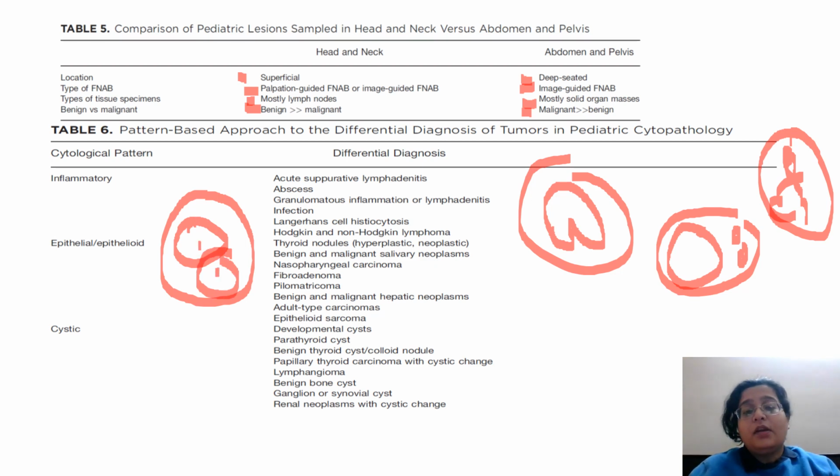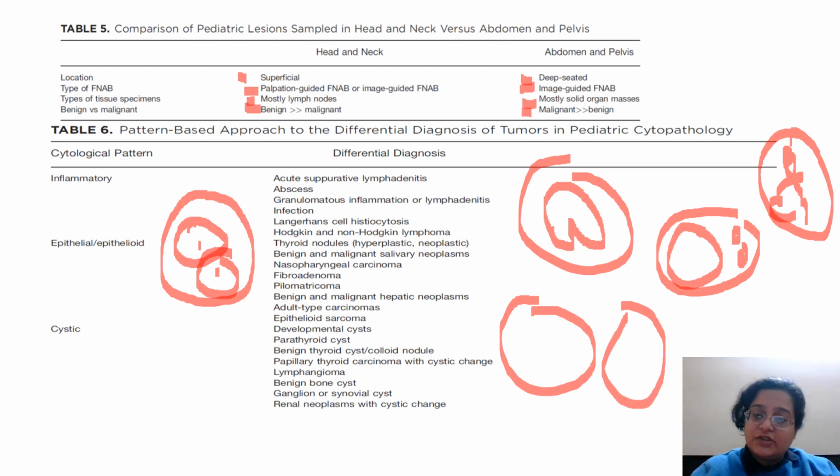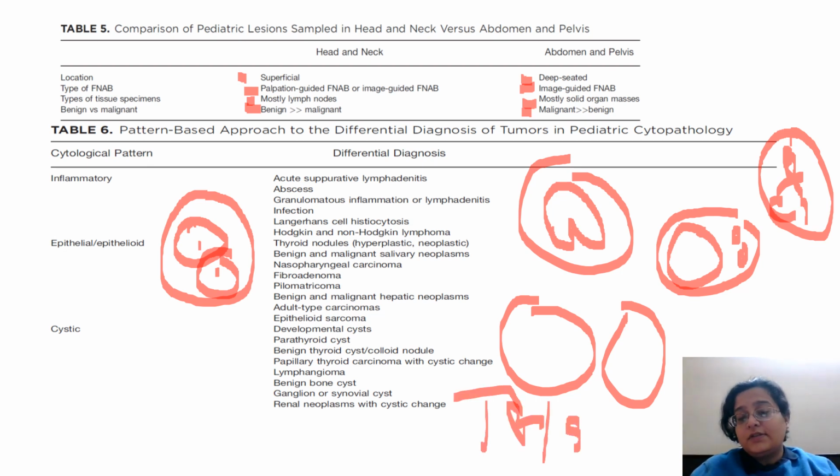Okay. If you get back-to-back granulomas without too much inflammation, just a reactive polymorphous background, apart from TB, think about sarcoid in a female especially. Okay. Again, now coming to the next category, that is epithelial or epithelioid.